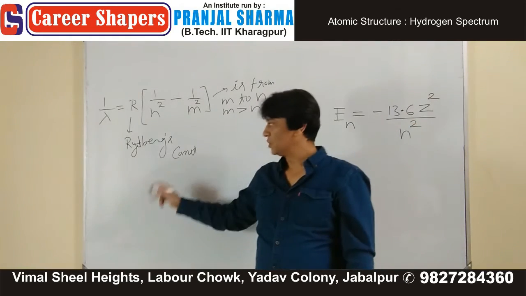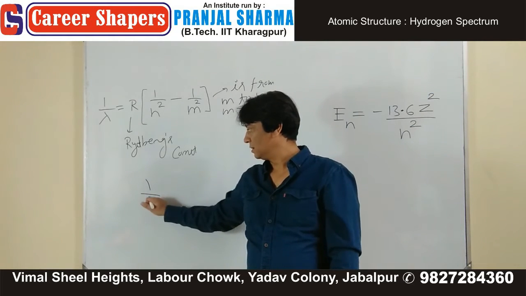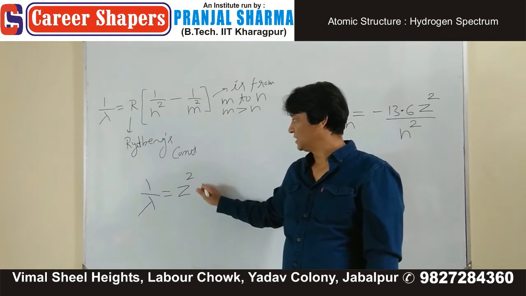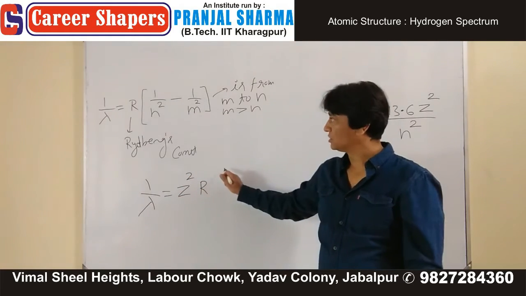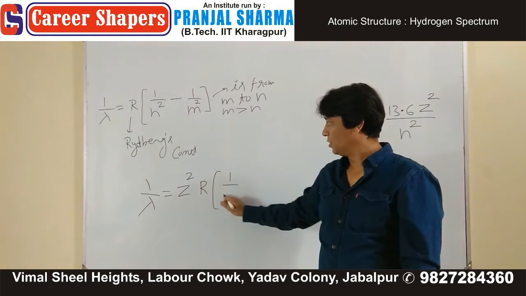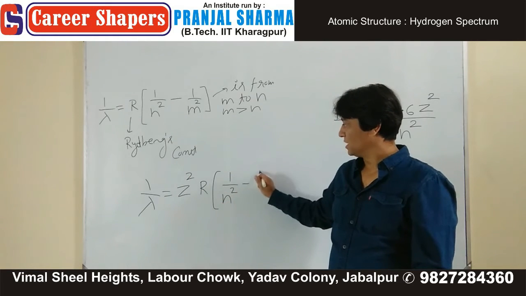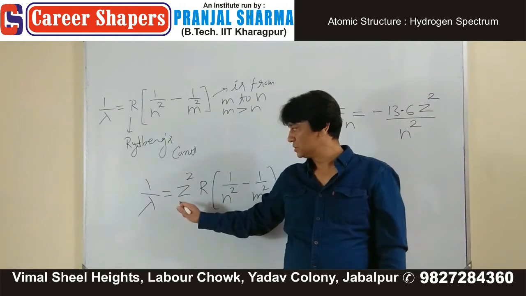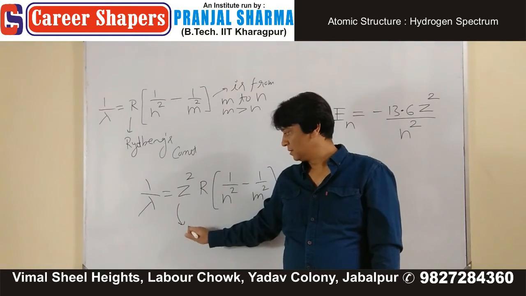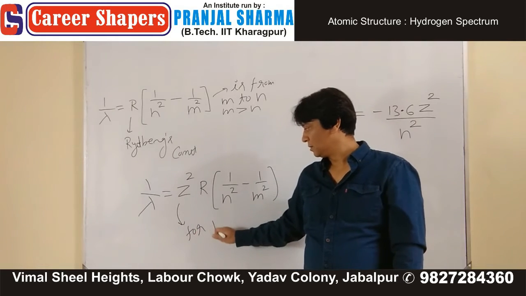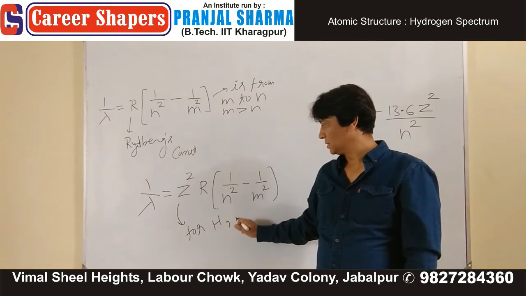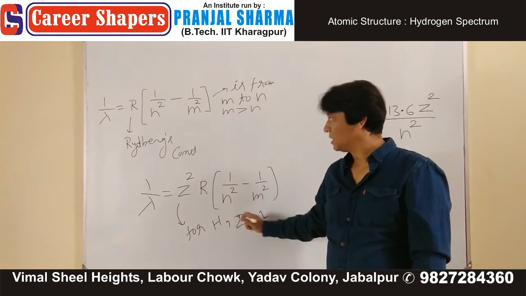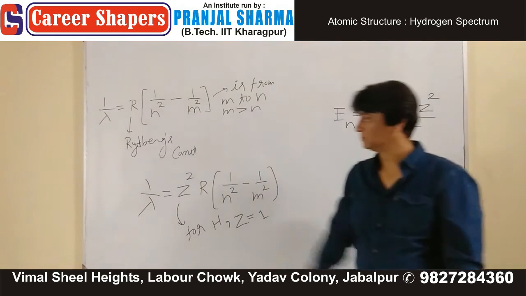The basic version is basically Z square, Rydberg's constant, 1 upon n square minus 1 upon m square. For hydrogen, Z is 1, and therefore you get this.